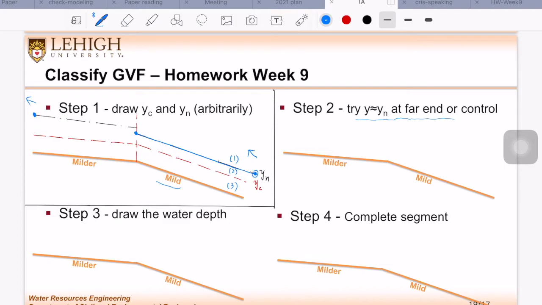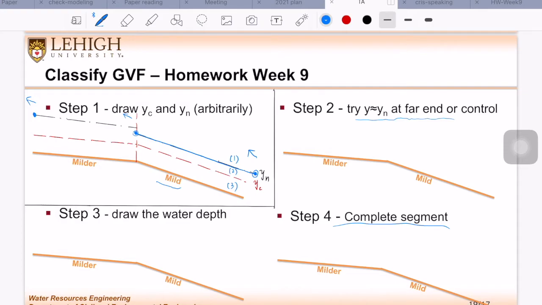And the first step, we need to complete the segment. So for this point, we still know that the water depth is greater than the critical depth, so we still work upstream.